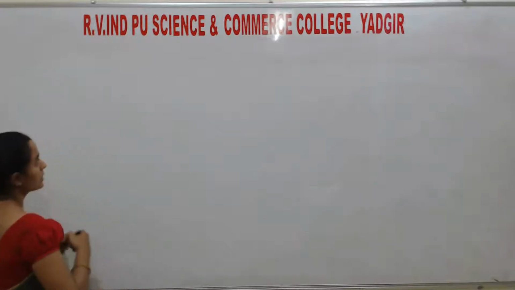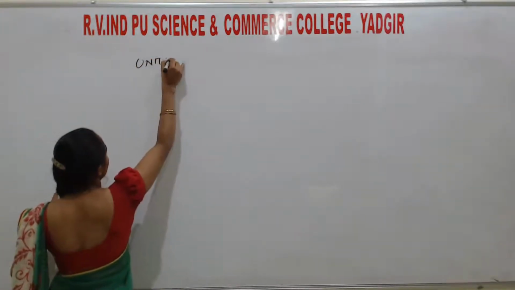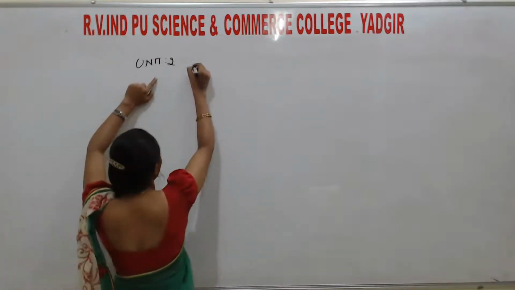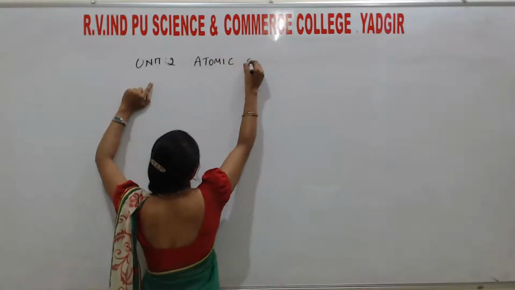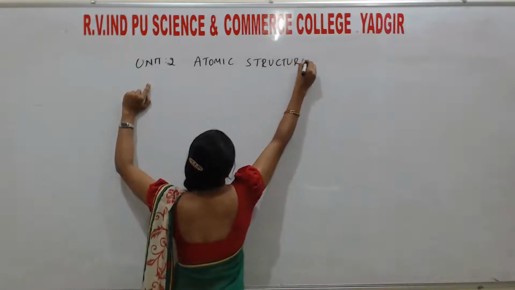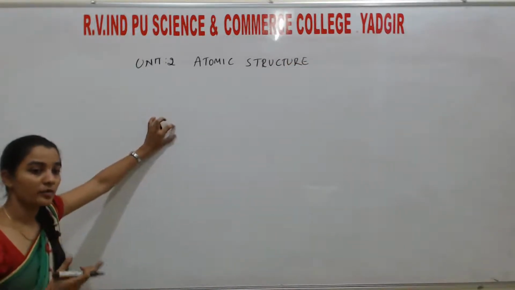So the next one is unit 2. So what is unit 2? Atomic structure. In the first class we studied about atoms.